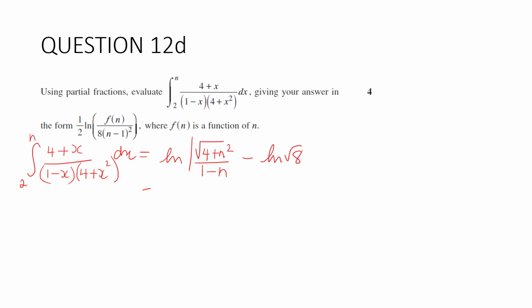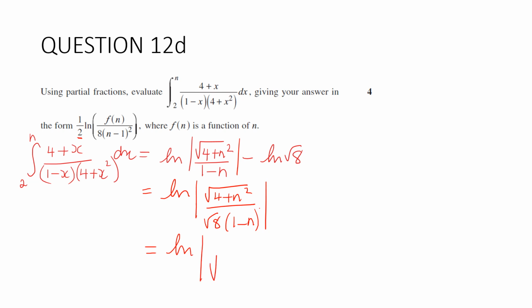Equals, let's join them together, ln, have a bracket there, we're going to have square root of 4 plus n squared over square root of 8, 1 minus n. All right, we want this half out the front, so I am going to make this all into a square root like this. Big square root there, 4 plus n squared over 8, 1 minus n squared, which I might turn around in a second.